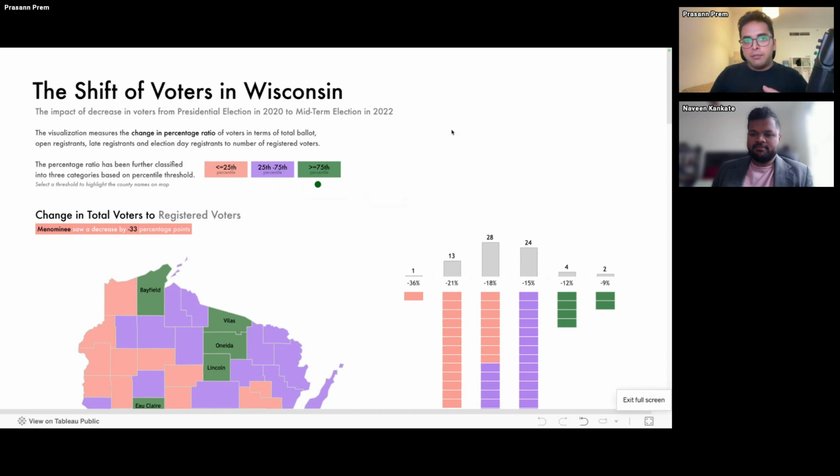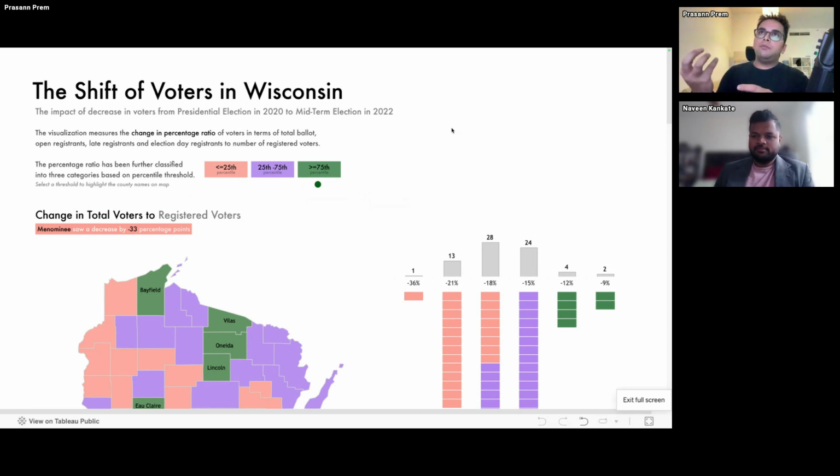Now, here we have done a bit of mathematics to not just look at the numbers, because numbers can be misleading, because Naveen really brought a good perspective of having the population data as well. So that really adds value. I didn't do that. What I did is look at the change in percentage ratio.